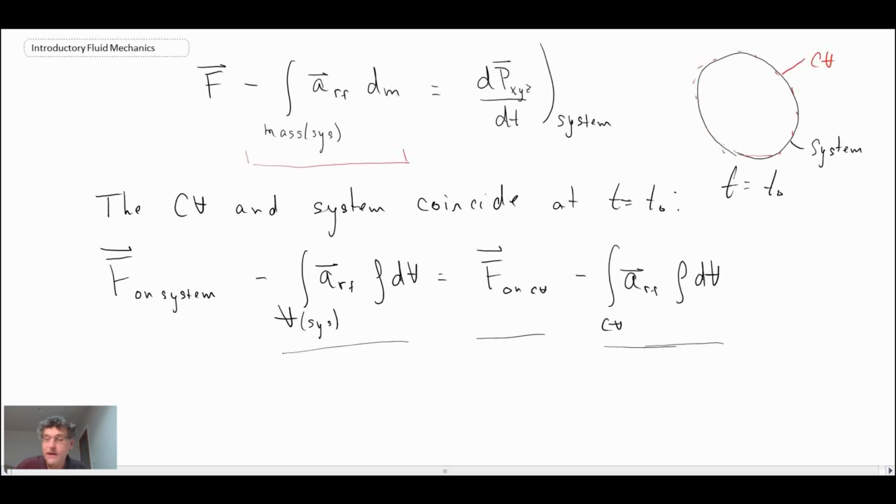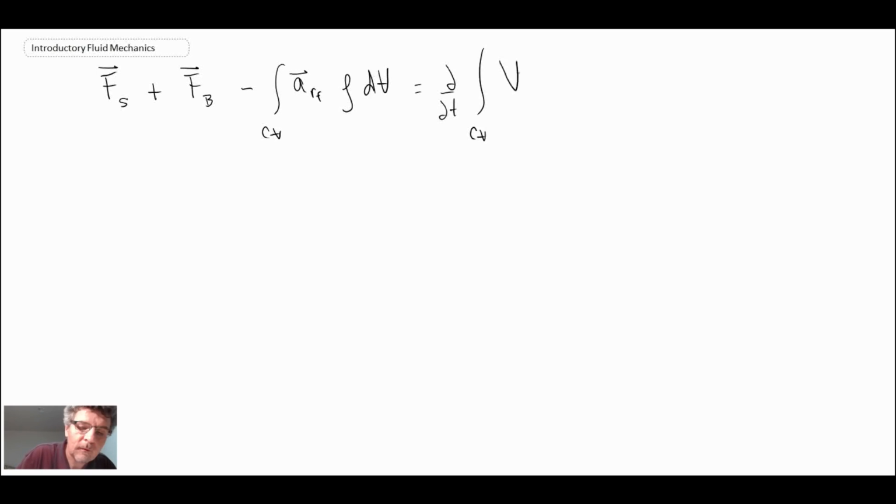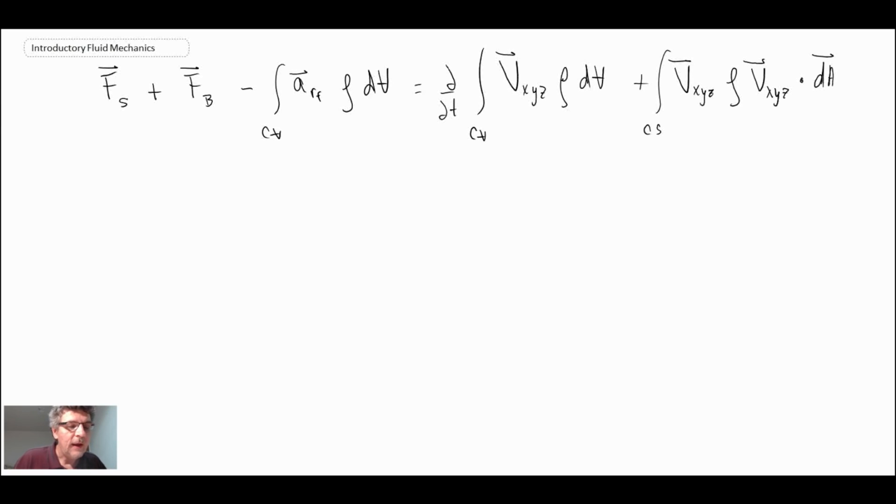And with that, we can rewrite the linear momentum equation, but now it is expressed for the case of an accelerating rectilinear, so it's just going in translation, control volume. Okay, so that is the equation that we end up with.